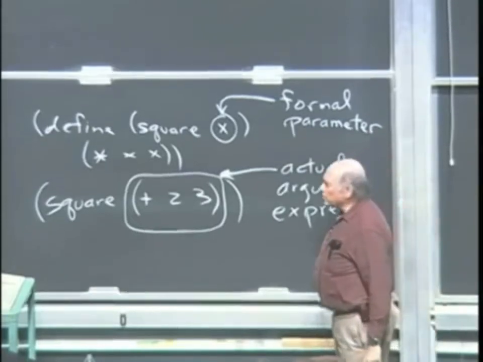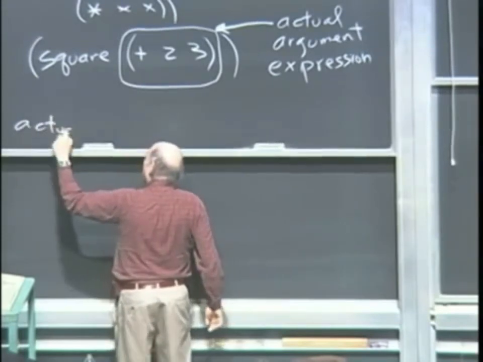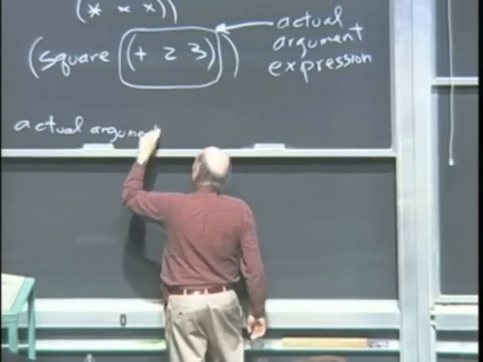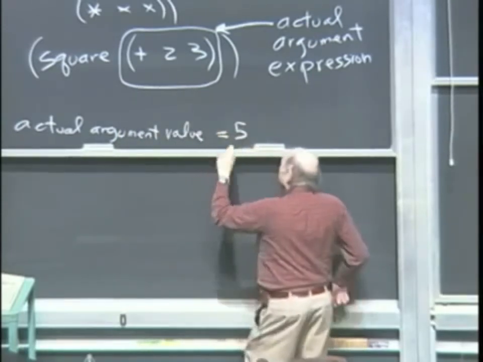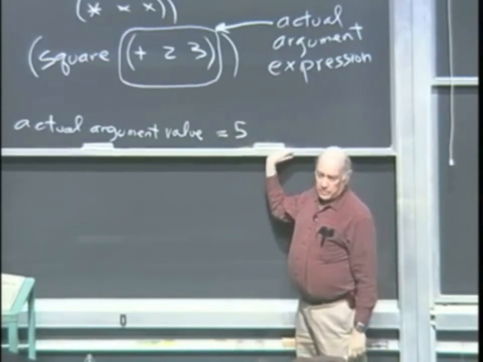And then there's one more thing, which is the actual argument value, which is 5. It's not in that interaction at all, but it's the value of plus 2, 3.